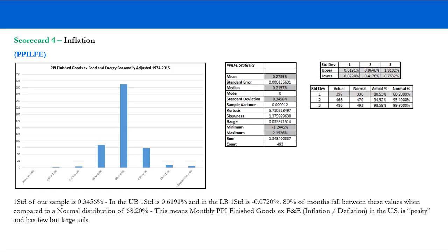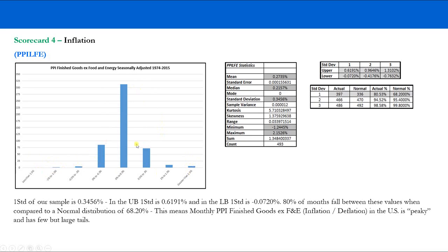When we compare that to a normal distribution, one standard deviation is 68.2%. So that basically means that PPI finished goods, excluding food and energy, in the United States is again following this pattern of being peakier in terms of the distribution, so many more cases relative to a normal distribution around the mean, but with much fatter tails.